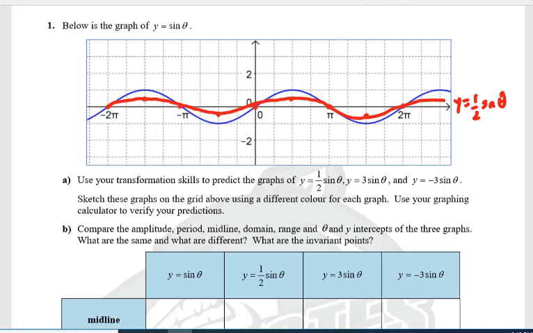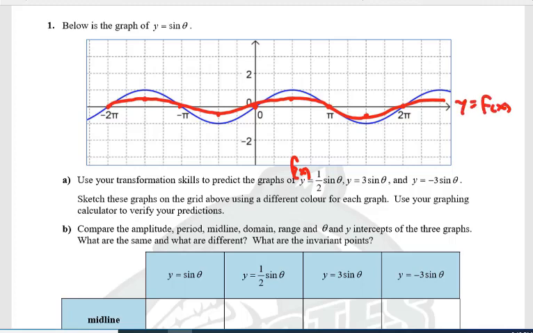We could do that, or maybe sometimes it's easier to describe this one as f of x, so we could call this y equals f of x, and then the next one we could relabel as g of x, and then h of x, or something like that. But we should label each of these. Y equals f of x.